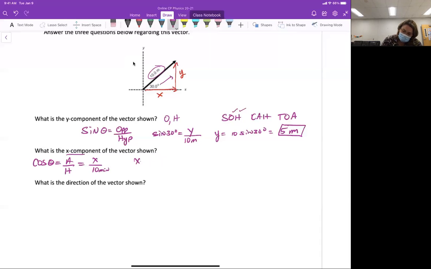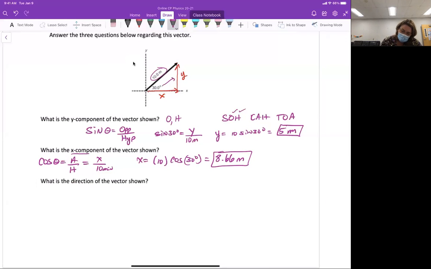So x is equal to the hypotenuse, which is 10, times cosine of 30 degrees. And that will be equal to 8.66, or 8.7.